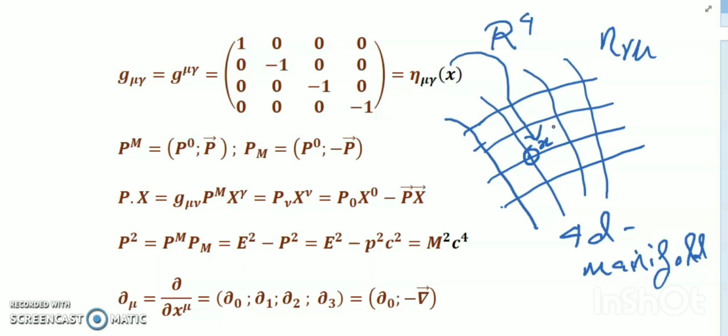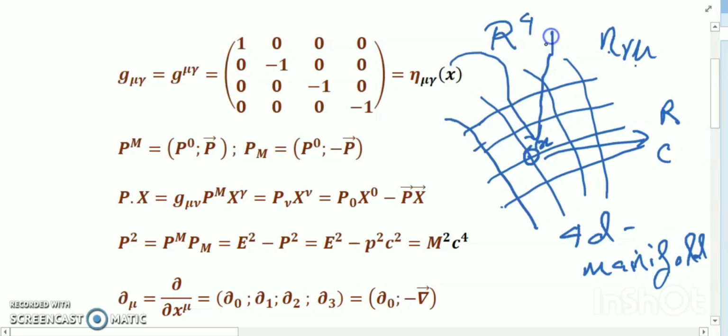I should say x, and it can be R or C. For complex numbers, if it assigns a real or complex number, we are going to call the field scalar. This is a scalar field.